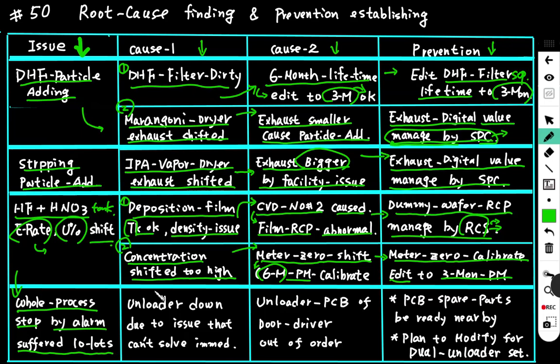So root cause 1: the unloader of the wet bench went down, due to an issue that could not be solved immediately. So we held the wafers stopped, sinking in the chemical tank for a very long time.